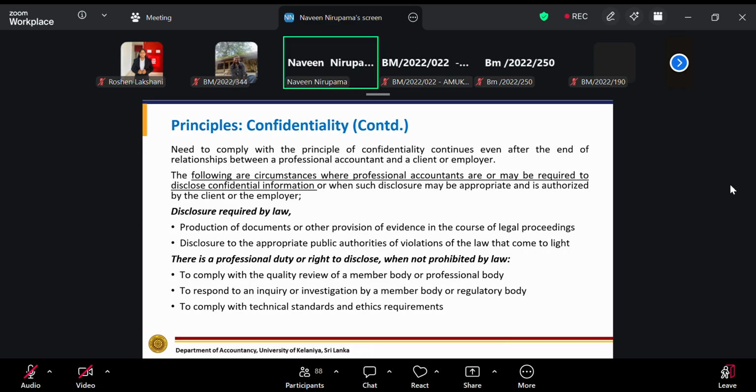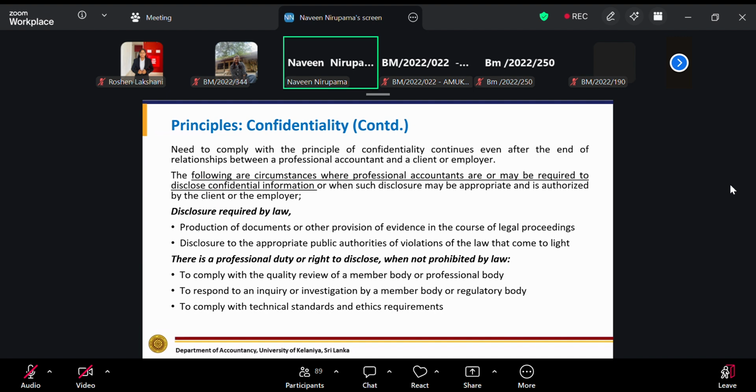If the law says you should provide the information regarding the organization, at that time the professional should disclose. This includes production of documents or other provision of evidence in the course of legal proceedings, and disclosure to the appropriate public authorities of violations of law that come to light.